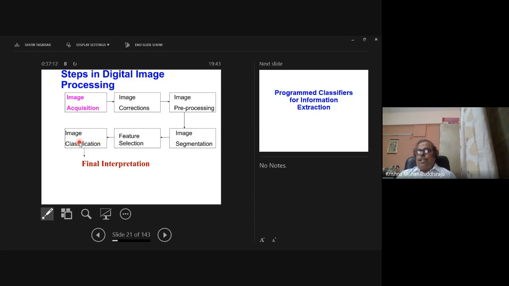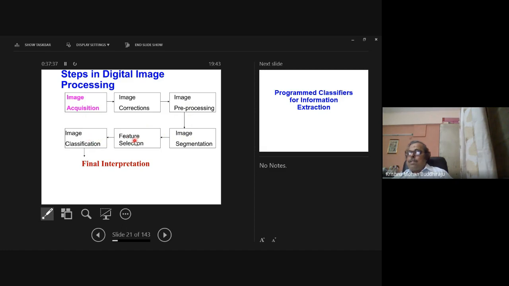These are the general steps. Sometimes after pre-processing, you may directly come here and not do any feature selection, but in some cases, you may come directly from pre-processing to feature selection. And with very high spatial resolution data, you would come this way.